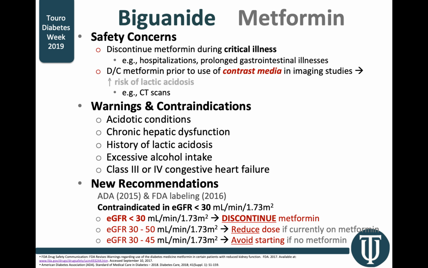When the patient's eGFR is between 30 and 45 or 50, then it depends. If the patient is already on metformin, then we will need to reduce the dose. If the patient has never been on metformin, then when their renal function gets this low, we will not want to start metformin.